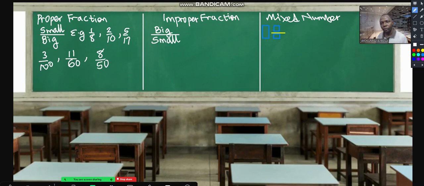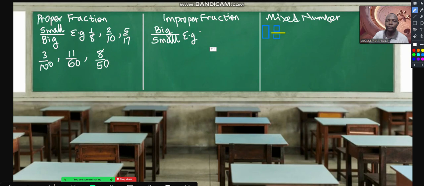Then we could use the opposite for this, big over small. So for example, I will not use 8/1 because 8/1 is 8, it's not a fraction. I will not use 10/2 because 10/2 gives me a whole number. So I will not consider it as an improper fraction.